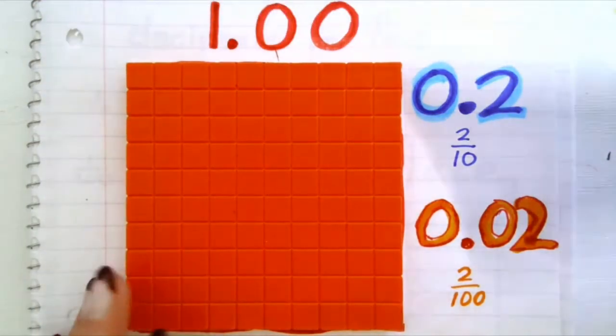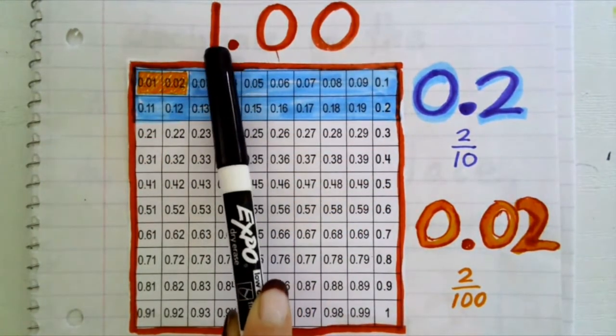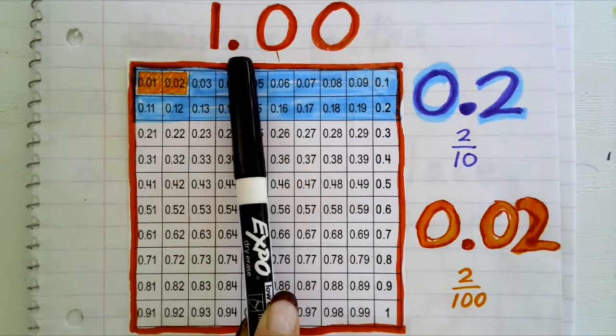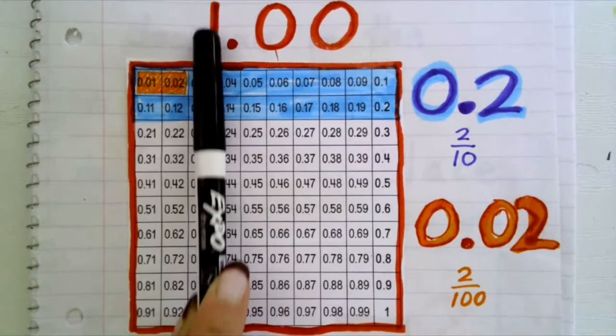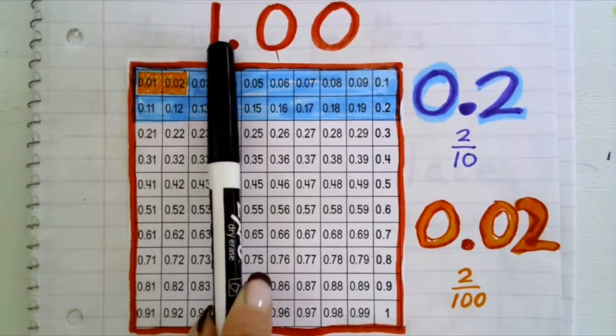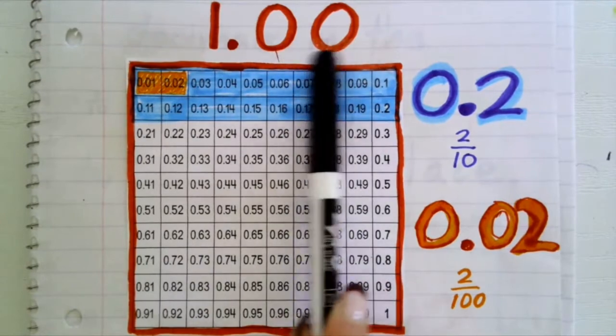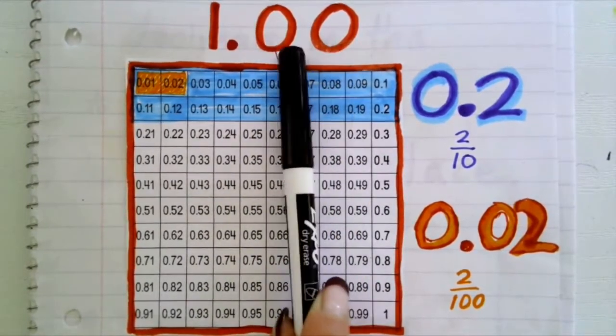See how I've written it up here? There is a dot after the one. This dot is called a decimal point. You might remember that numbers on the left of the decimal point are whole numbers, and numbers on the right of the decimal point are decimal fractions, equal parts of a whole.